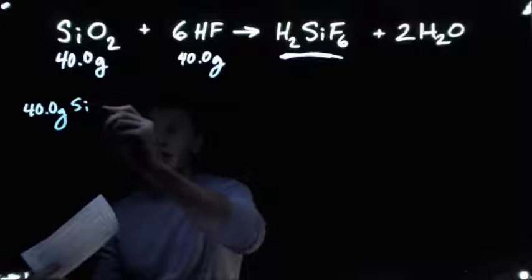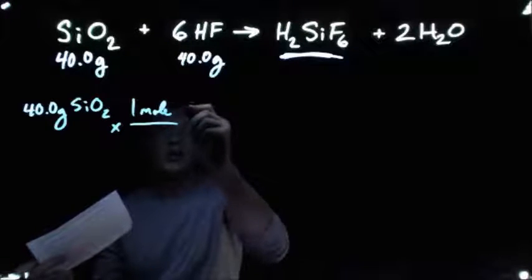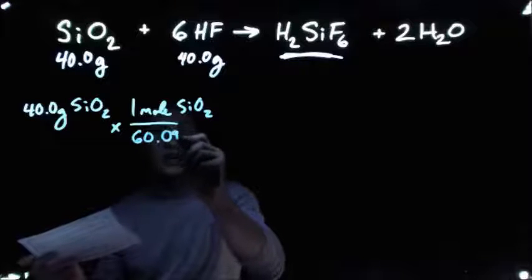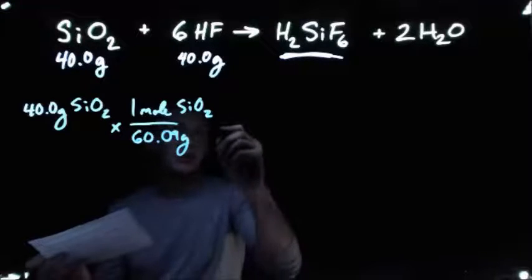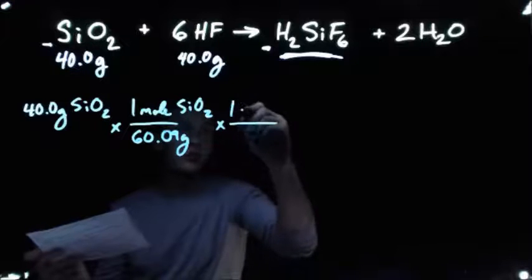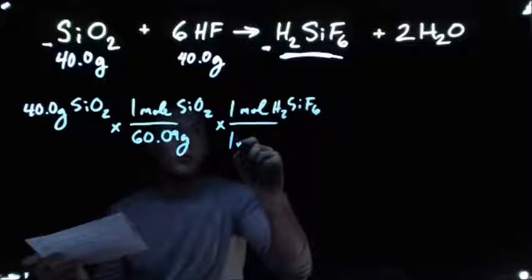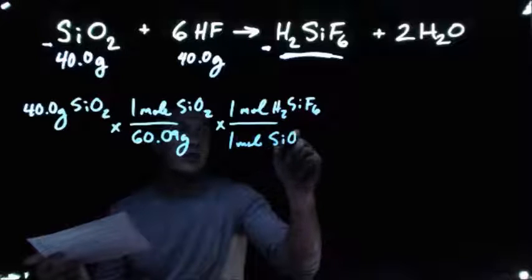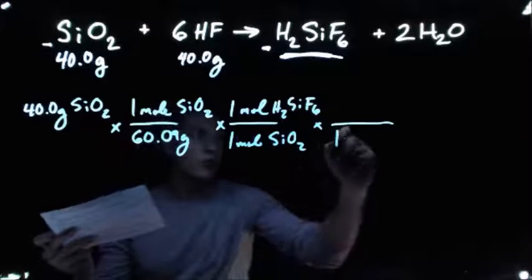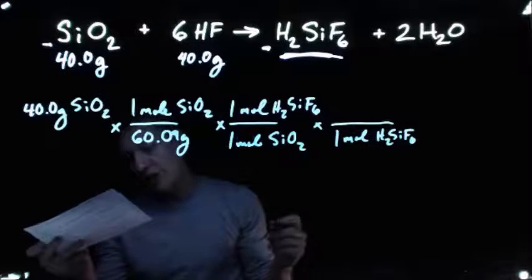So let's start with 40.0 grams of SiO2 times, and then it is 1 mole of SiO2 for every 60.09 grams of SiO2 times, and then it is a 1-to-1 ratio, so it is going to be 1 mole of H2SiF6 for every 1 mole of SiO2 times, and then we will go to grams, and it is 1 mole of H2SiF6 for every, let's see, I added up.